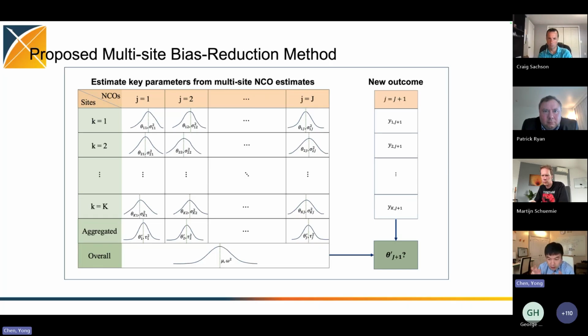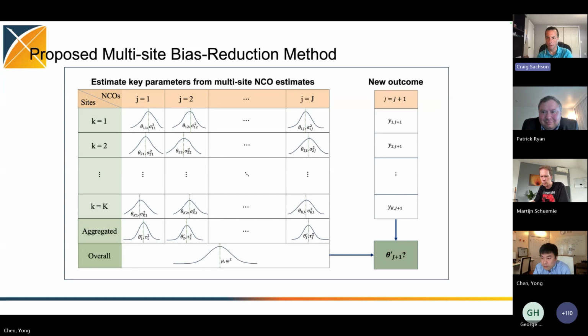But there's a finite number of subgroups you could specify. Again, I think heterogeneity is both natural, reflecting the intrinsic differences across different NCOs, including the outcome of interest, and also an opportunity for us to understand better what's going on.